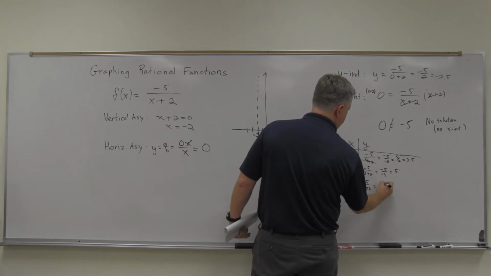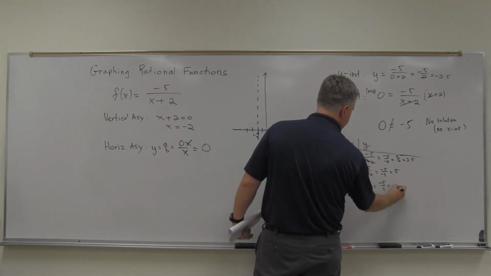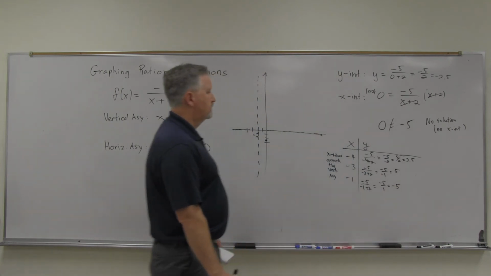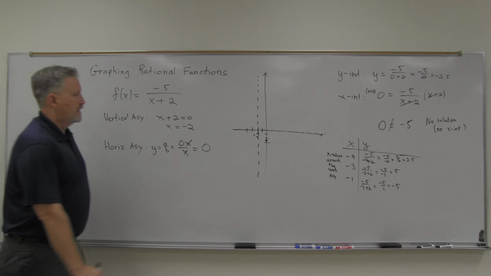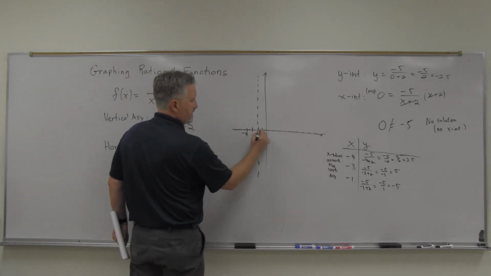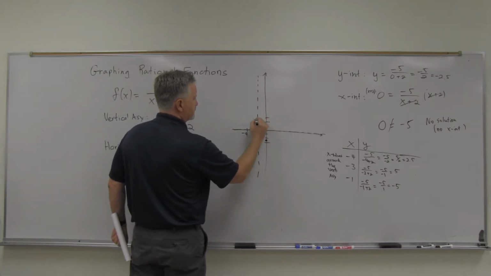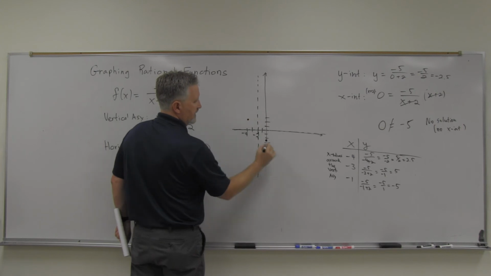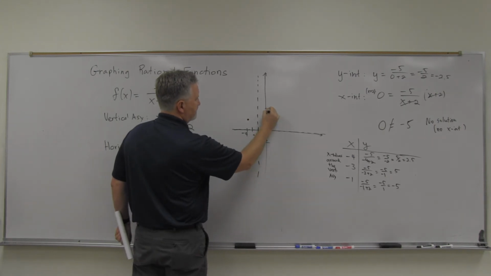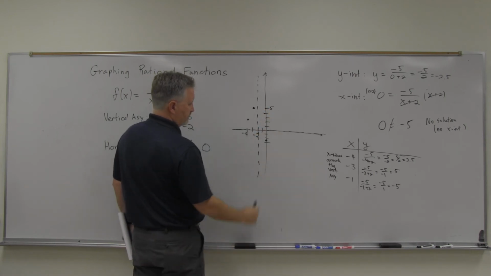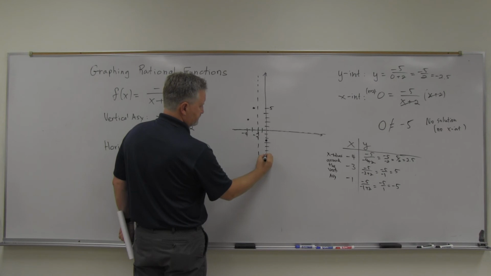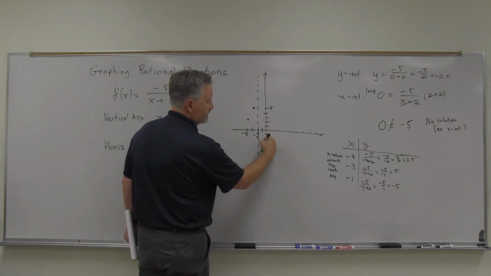So that's negative 5 over 1, which is negative 5. Did I do those right? So at negative 4, I am at 2.5. At negative 3, I'm at 5. At negative 1, I'm at negative 5. Like I said, with the 0, we've already got it marked.